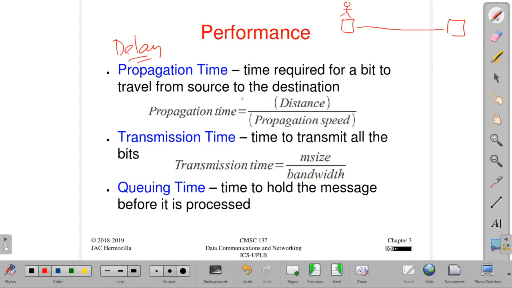You have the first bit of the picture to be sent across the network. How long does it take for this bit to go from A to B? That's called the propagation time. And the formula is the distance divided by the propagation speed. So this is usually the speed of light.